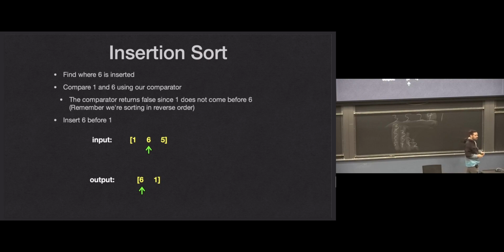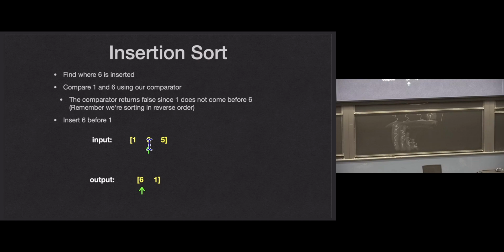Okay, and then when we get to 6, we have to start doing some work. This is where our comparator is going to come into play. We're going to take 6 and ask where it needs to be inserted, and we're going to compare 1 and 6 with our comparator. We're taking just two values and comparing two at a time. We ask our comparator, does 1 come before 6?